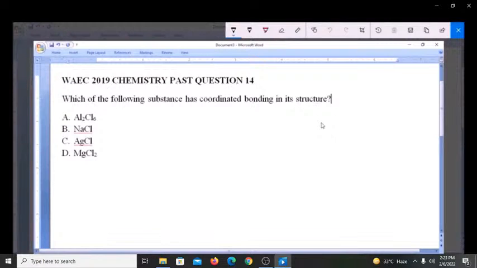Now, first let us define what a coordinate bond is.